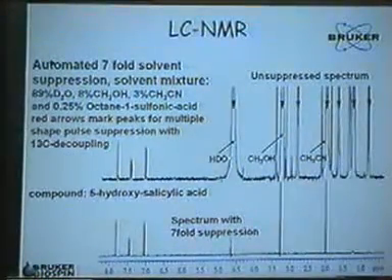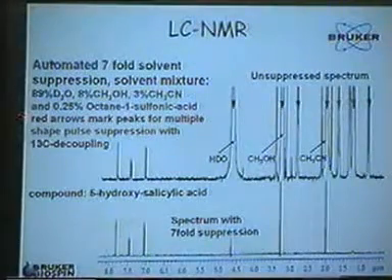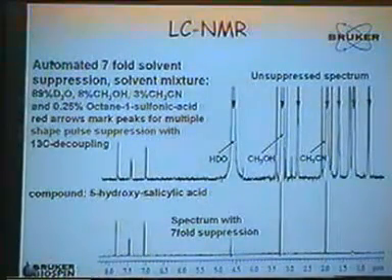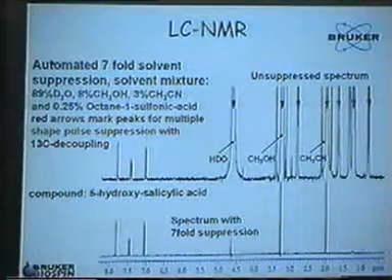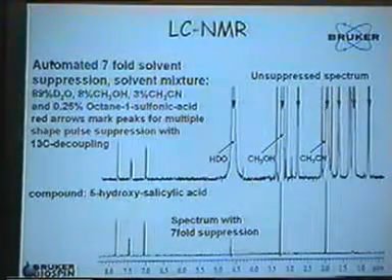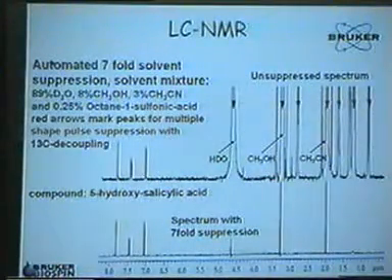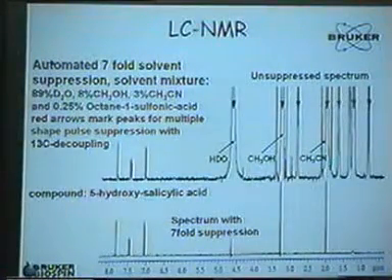This is, for example, the mixture used for chromatography in this example. You don't have to use that. This is a bad example. This is D2O, 89%, methanol, 8%, acetonitrile, 3%, and octane 1-sulfonic acid, 0.25%.